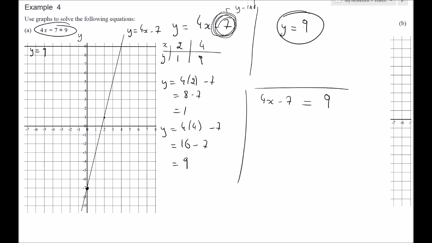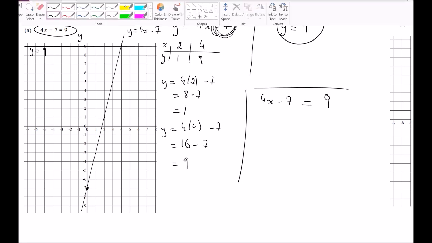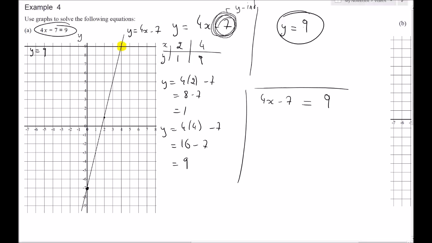That's what you're looking for. So they need to have the exact same x and the same y coordinate. Where will that be? Well, obviously here. The point where they cut, or when they intersect, in that point they have the exact same y and the exact same x coordinate. So that's going to give you the answer to your equation.